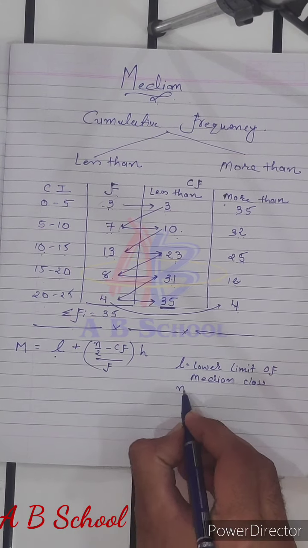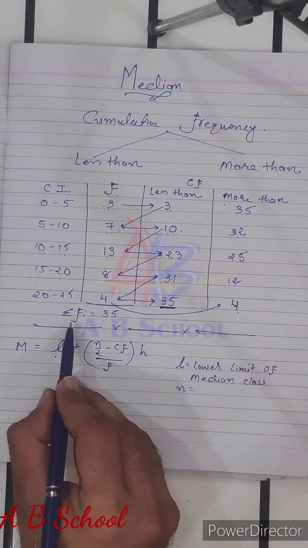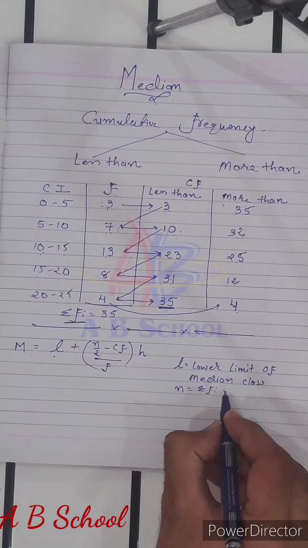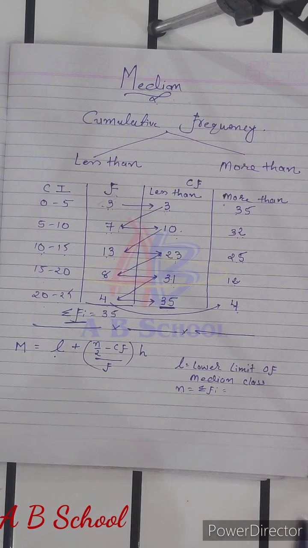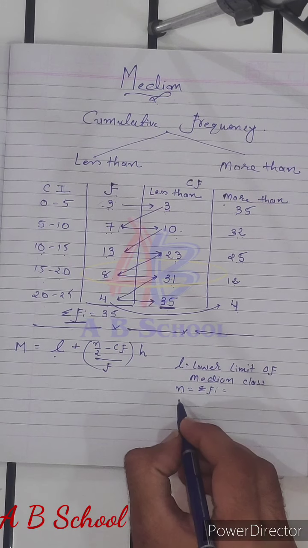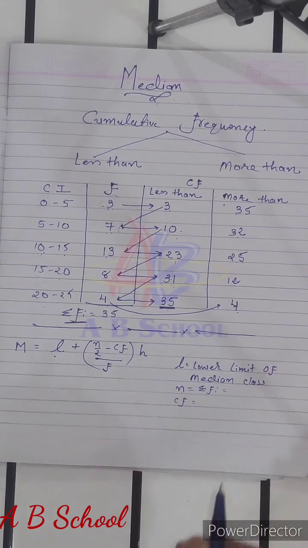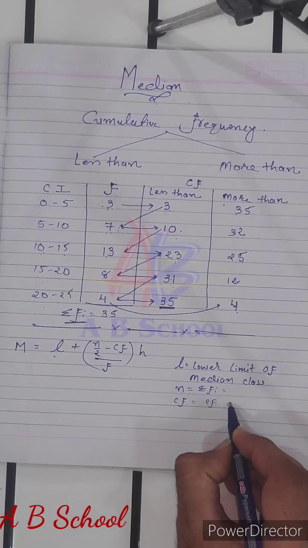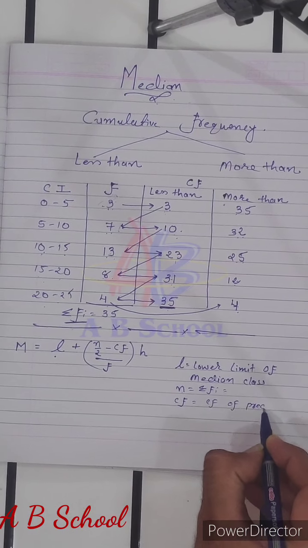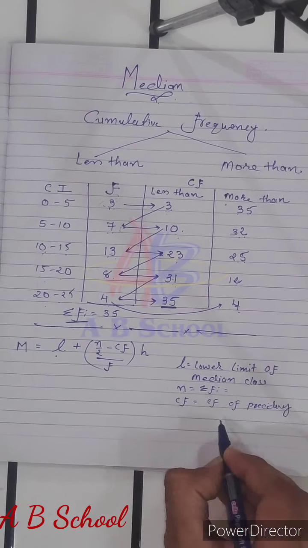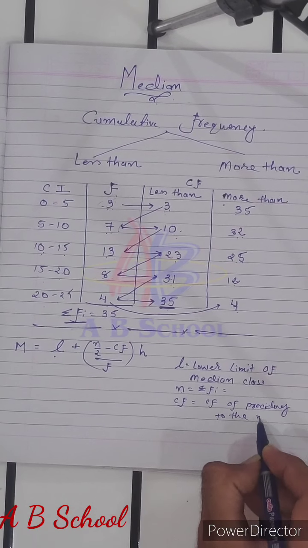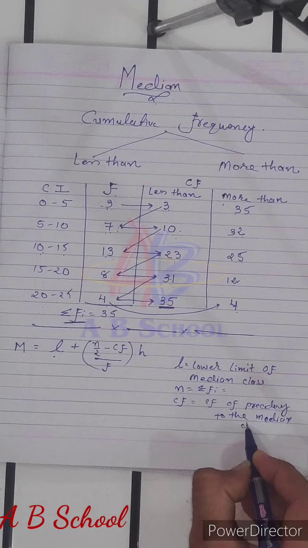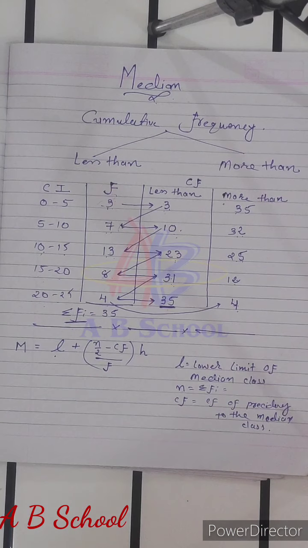Now, N. What is N? N is equal to summation Fi, the sum of all the frequencies. Then CF. CF is the cumulative frequency preceding the median class.